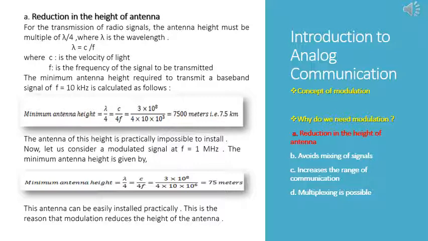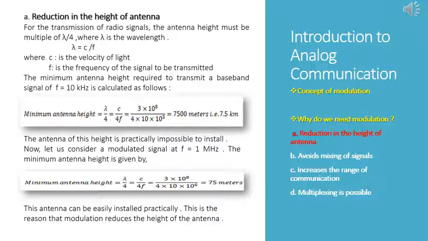Consider we have a baseband signal with a frequency f equal to 10 kilohertz. The minimum height of the antenna, which is lambda by 4, is converted to c by 4f, because the 1 by 4 comes from the size of the antenna we have assumed.